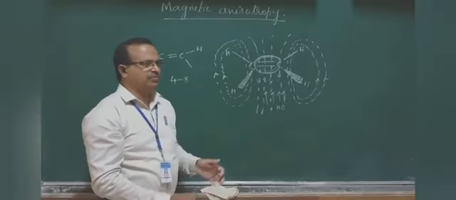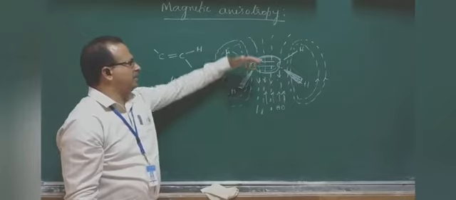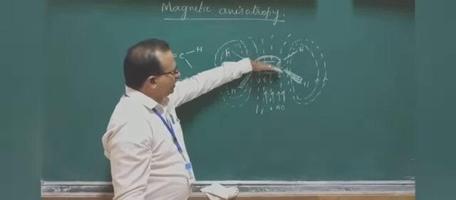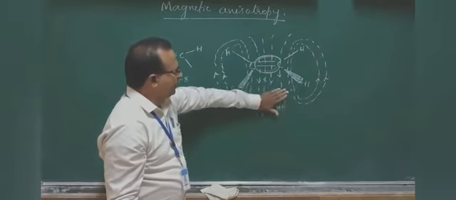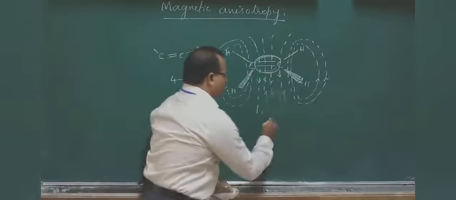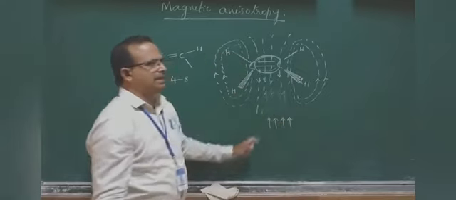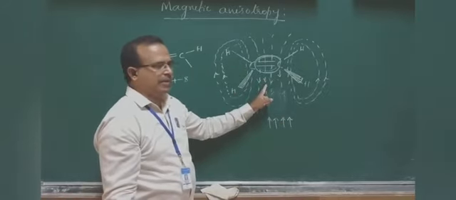The induced magnetic field is not uniform in all directions, and in the center of the molecule, the induced magnetic field opposes the applied magnetic field, and we call it diamagnetic shielding.